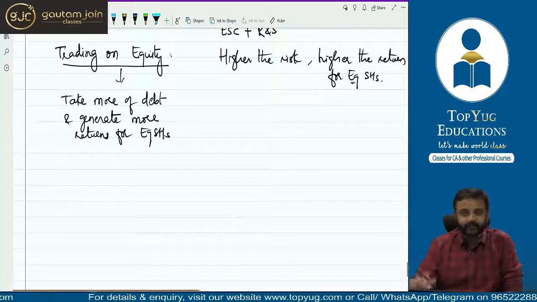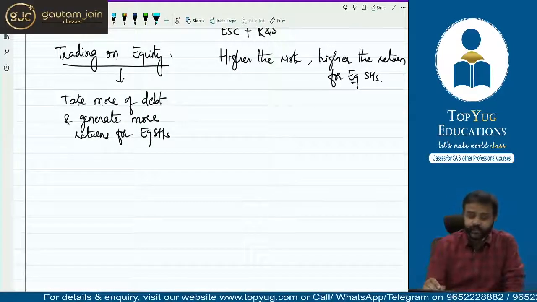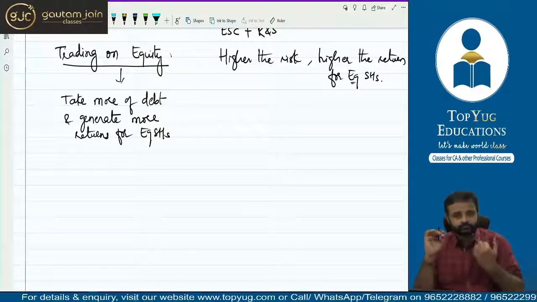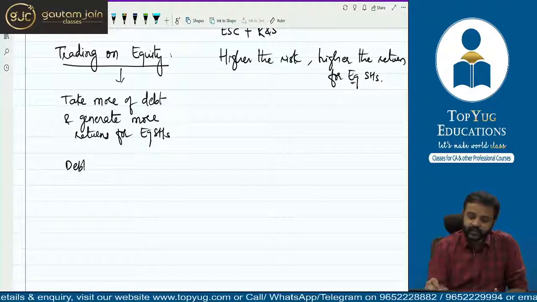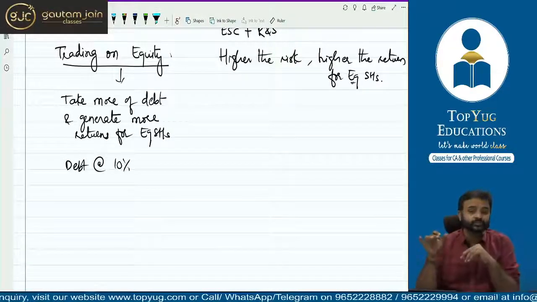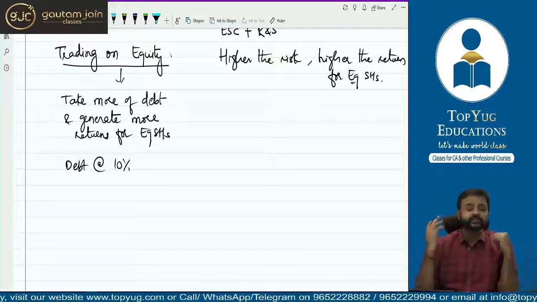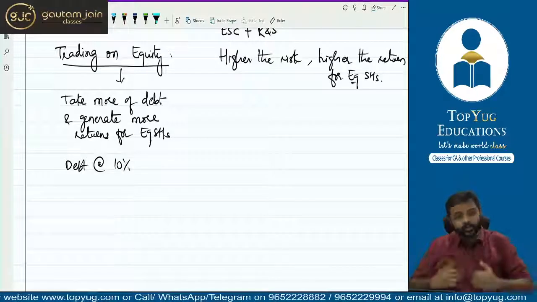What did I say? Let us say there is some business opportunity. 100 crores is required, so they take it from the financial creditors at the rate of 10%, and they were expecting that the business opportunity will fetch 18% return. And it fetched. They could earn 18%.